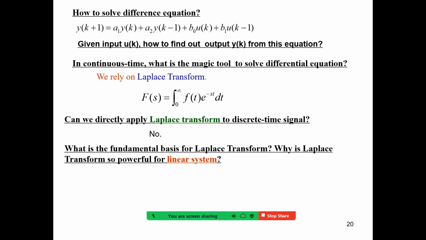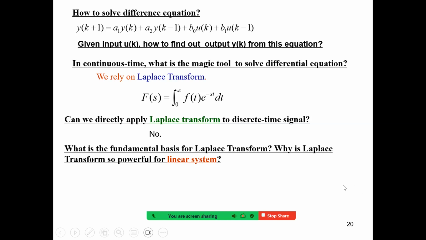Now, remember, I also discussed why we introduced the Laplace transform. Why is Laplace transform so powerful for linear system? Superposition. We want to decompose the signal into exponential signals.